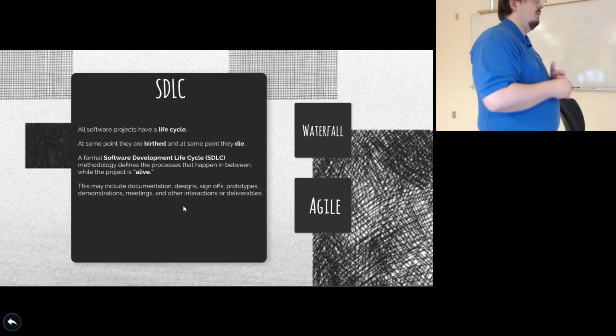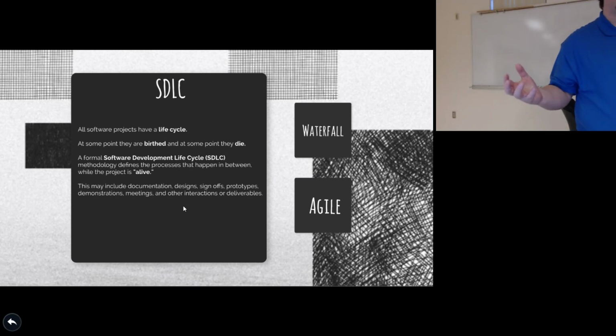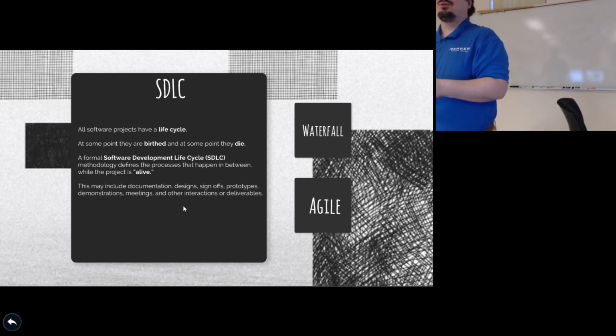So, software development life cycle, okay? Every project that you ever build, will build, or have built has a life cycle. At some point, it's birthed, you created it, it came into being or it was designed, and then at some point, it died, or it will die.